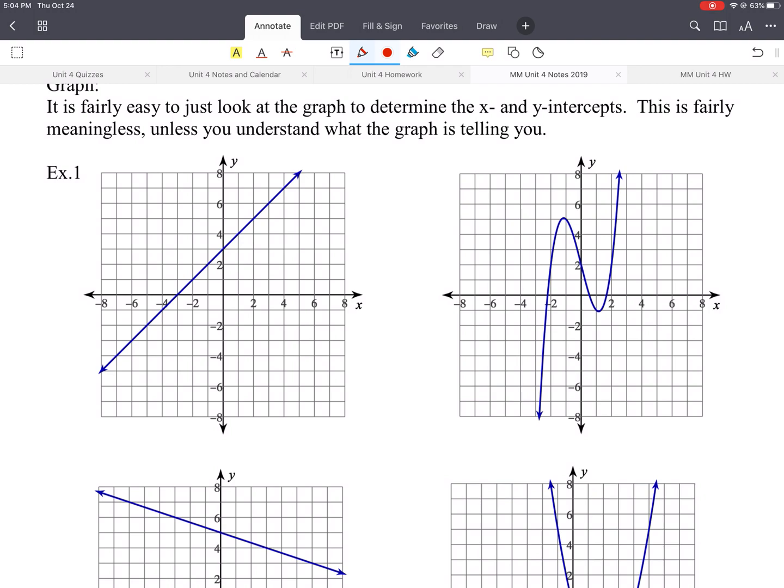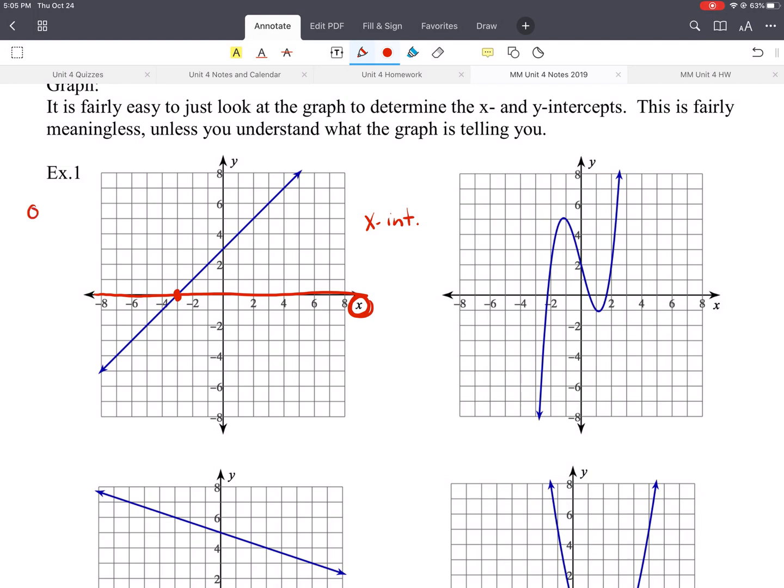Here we have a linear equation, and they want us just to list the x-intercept and the y-intercept. For the x-intercept, this is our x-axis, and the x-intercept is where it crosses the x-axis, right here. We always write our answer as an ordered pair.